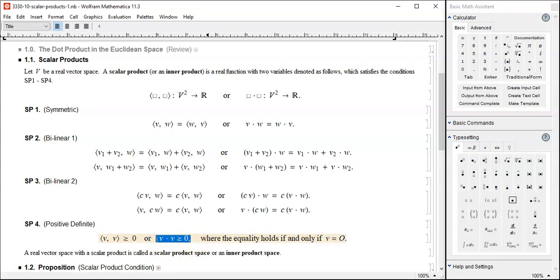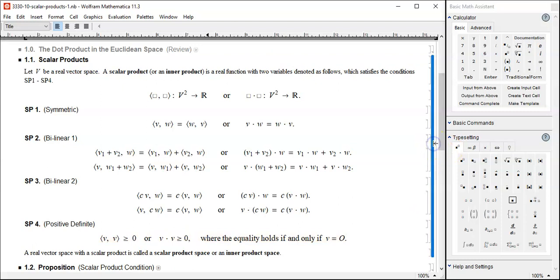V dot V is always greater than or equal to 0, and if you multiply the same thing twice, then it's a square, and in real number arithmetic and pretty much everything else, a square is always non-negative, isn't it? And equal to 0 if and only if you have the 0 vector. So yes, this too resembles the traditional algebraic rule. Maybe that's why students prefer to write in this dot product notation over the bracket notation. Maybe that's the reason. I'm just speculating.